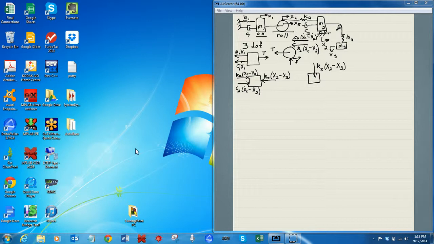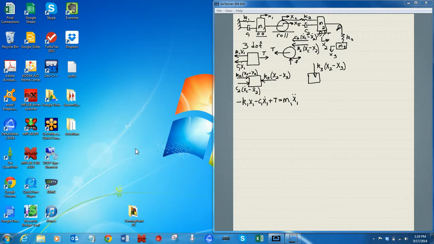So I have a minus k1 x1, a minus c1 x1 dot, and a plus tension, and that equals the mass m1 times the acceleration, x1 double dot.